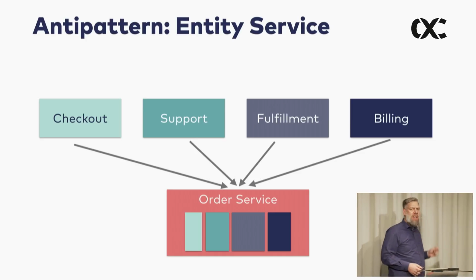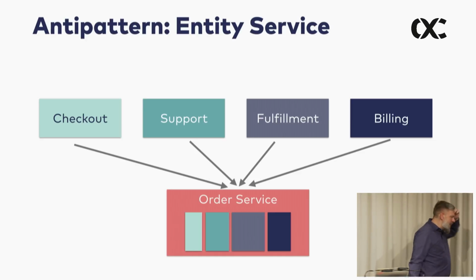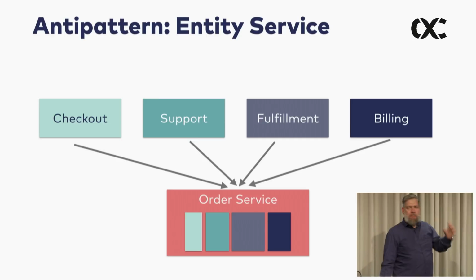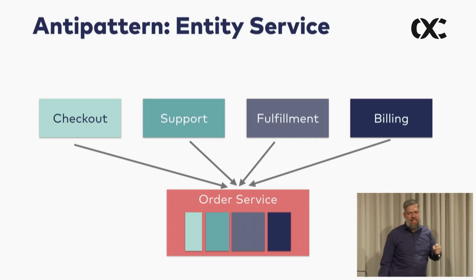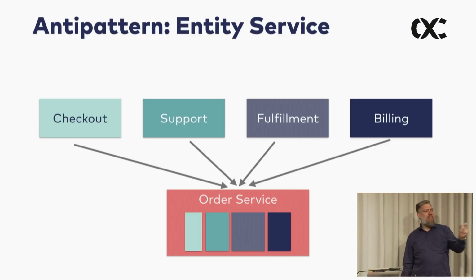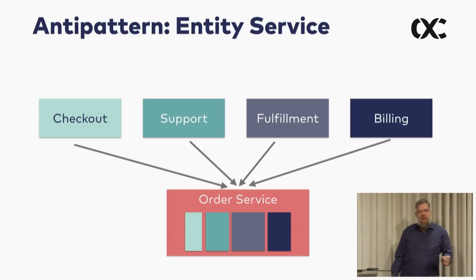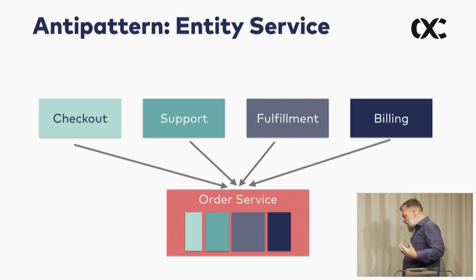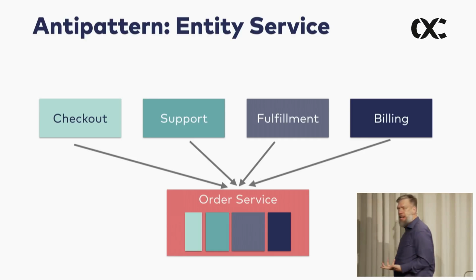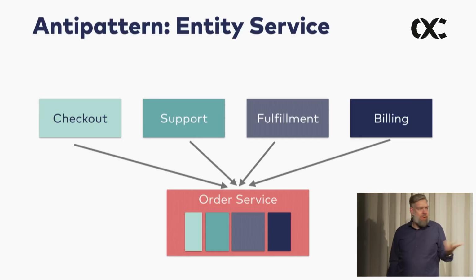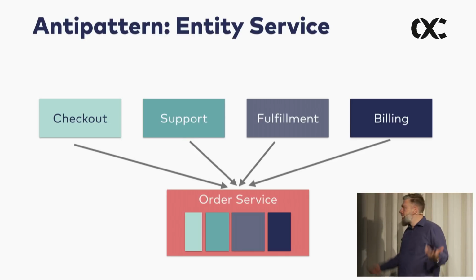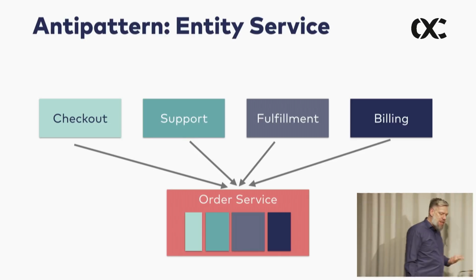Very often it's not. Very often when you look at the thing, it actually shouldn't be there in the first place. Its only reason for existing is that the word order appeared in multiple different contexts. So that's just something that, well, let's just agree on what an order is, right? Older people will remember that as the enterprise data model kind of thing that everybody agrees is a bad idea.